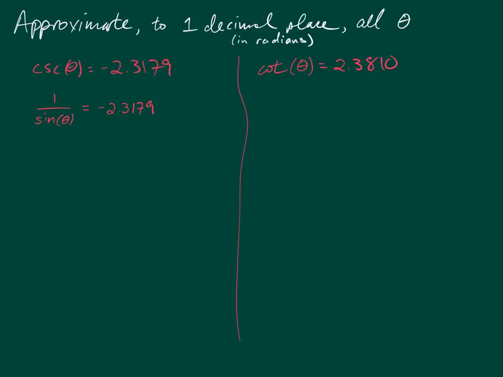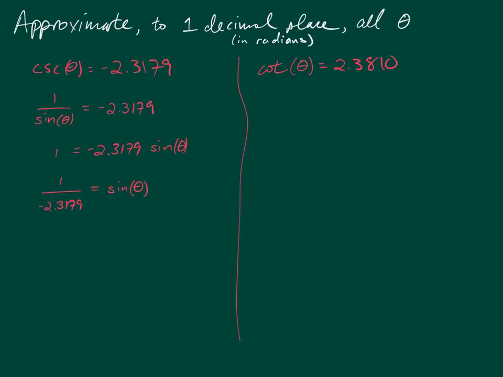And that's fine, but now I still can't do anything with this sine until it's isolated. So if I multiply both sides by sine, I will get 1 equals negative 2.3179 sine of theta. And to isolate this sine theta, I will divide both sides by this negative value. So this will end up being 1 over negative 2.3179 equals sine theta.